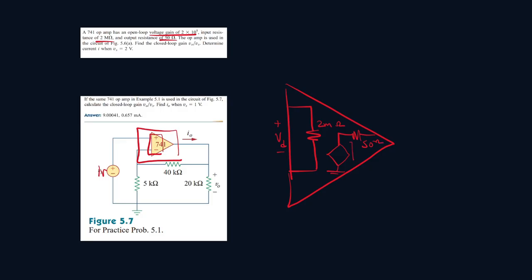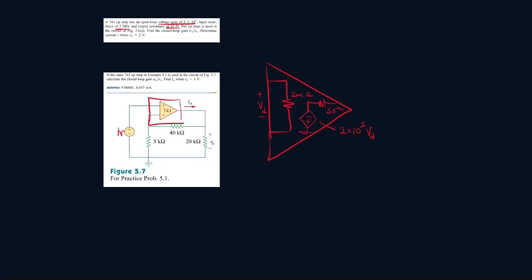And then this dependent voltage source, its polarity will be opposite to this. So that means the plus will go here, the minus will go here. And it'll be equal to AVD, A being the open loop voltage gain. So it'll be 2 times 10 to the power of 5 VD.